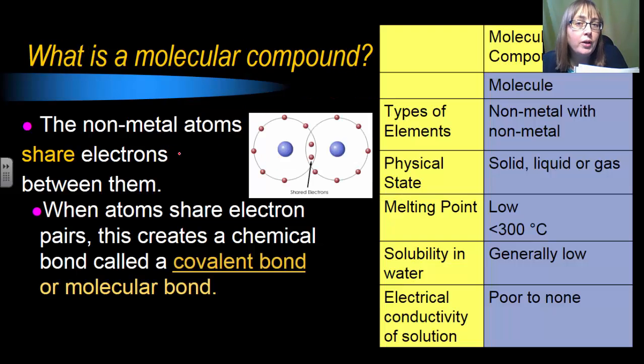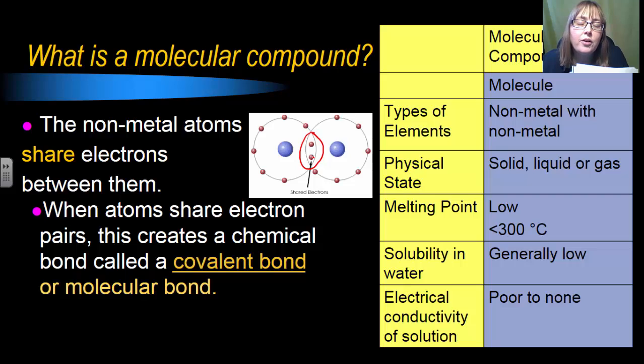When they bond with each other, instead of having two different types of charges, they're going to be doing a neat trick. They're going to be sharing their electrons. This is an example, a Bohr-Rutherford diagram of two different elements sharing their electrons.